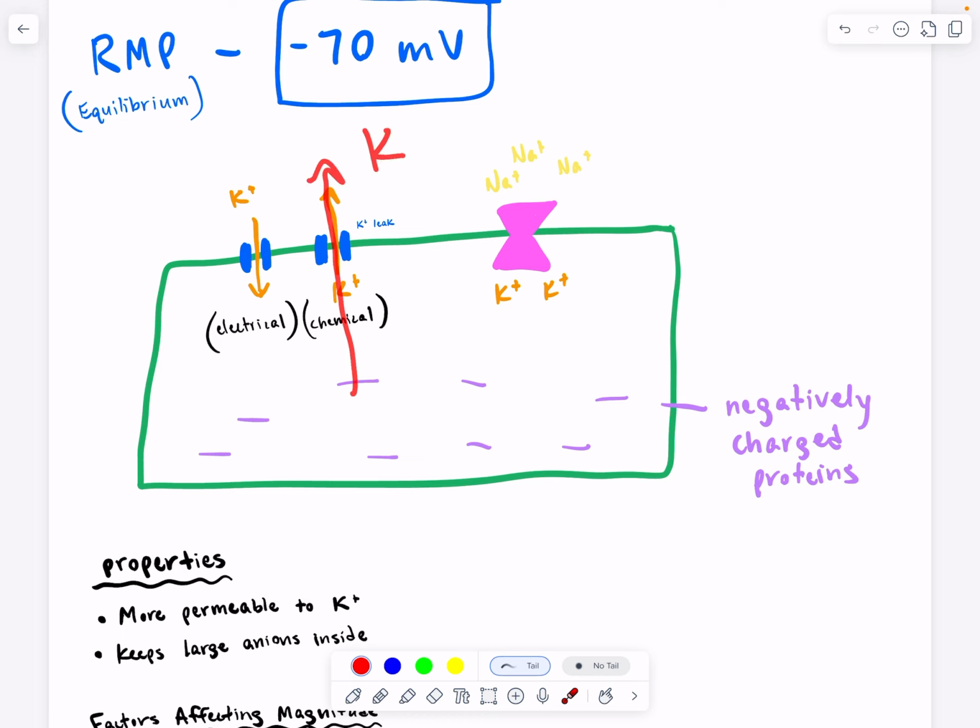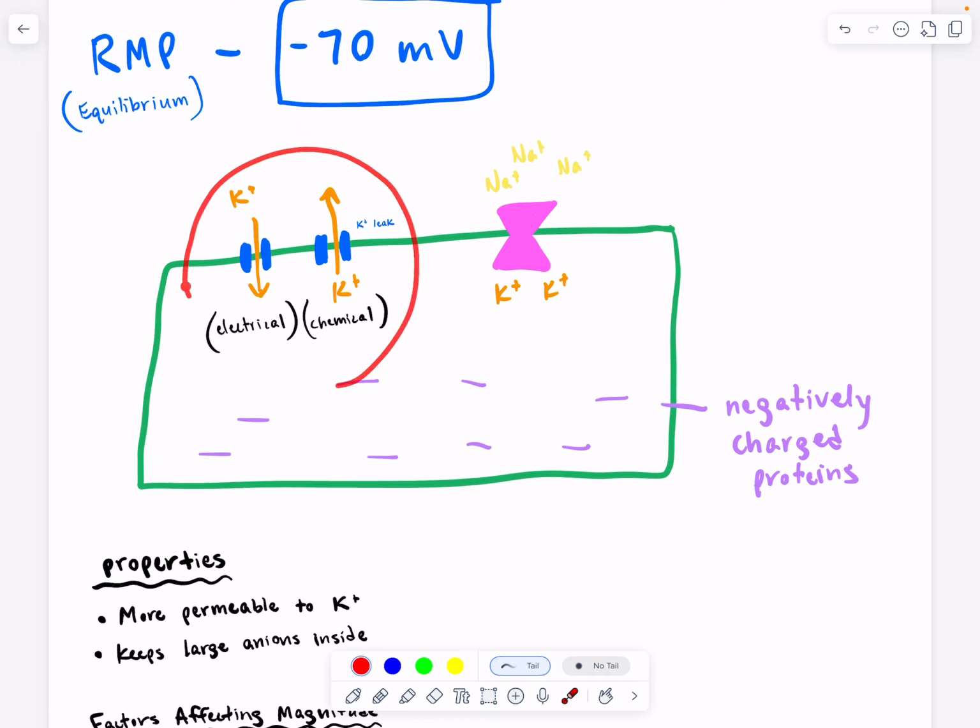So as it leaves the cell, it's leaving behind these negative charges. So the cell is going to become more and more negative. But as this potassium leaves, the electrical gradient says, okay, well, now there's a greater negative charge on the inside, so it attracts those potassium ions that just left, and it actually brings them back in.